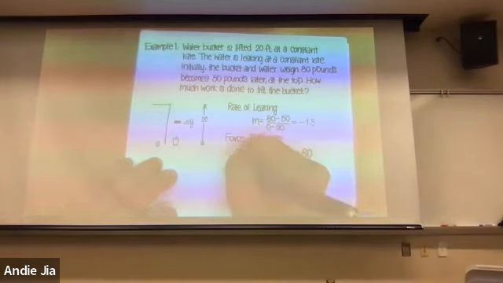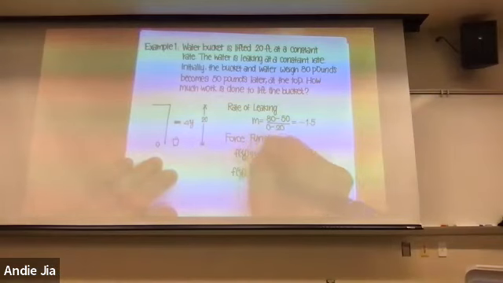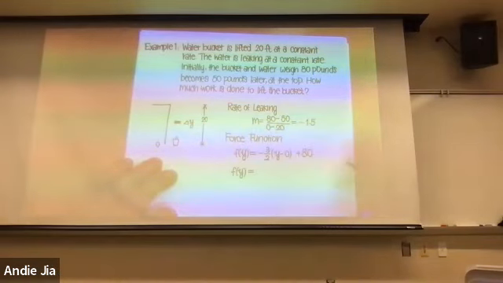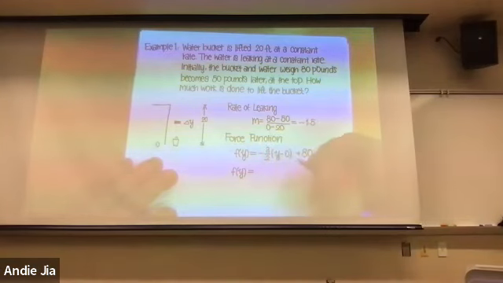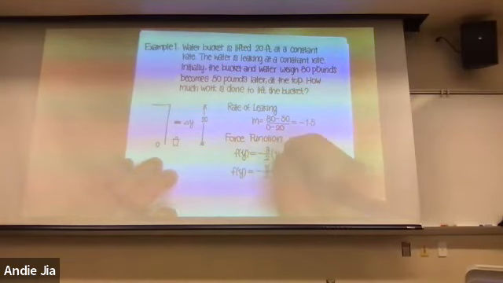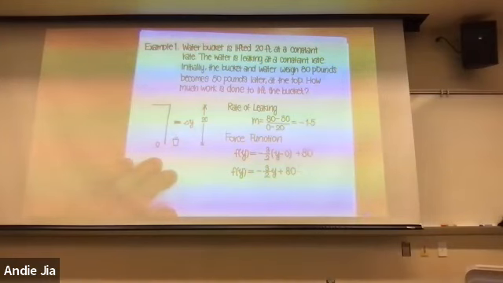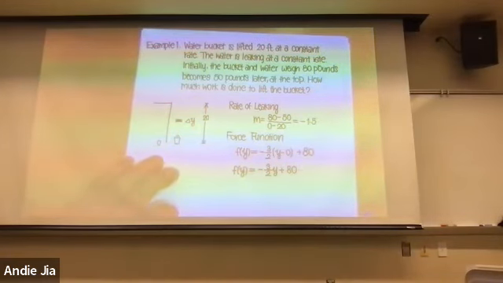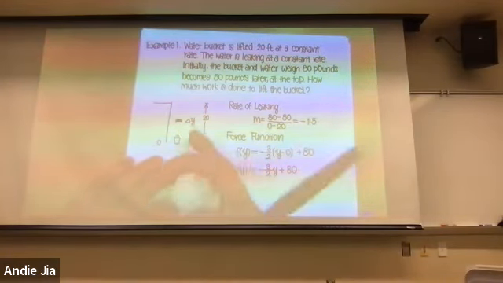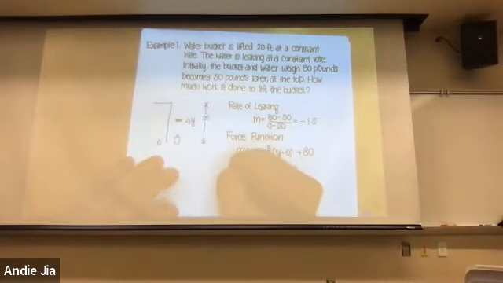So f of y is going to be negative 3/2 y plus 80. And the distance is 20.